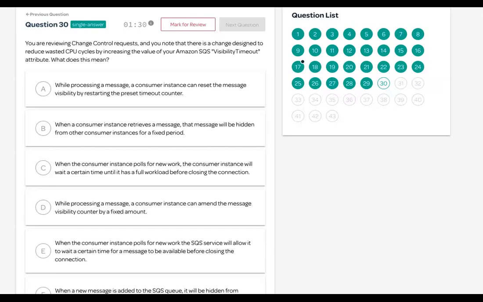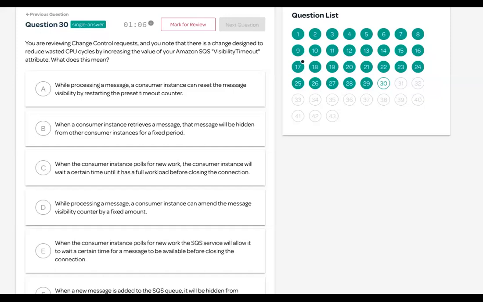Okay. While processing a message, a consumer instance can reset the message visibility. Not true. When a consumer instance retrieves a message, that message will be hidden from other consumer instances for a fixed period. Yeah, that is true. That is what the visibility timeout is.